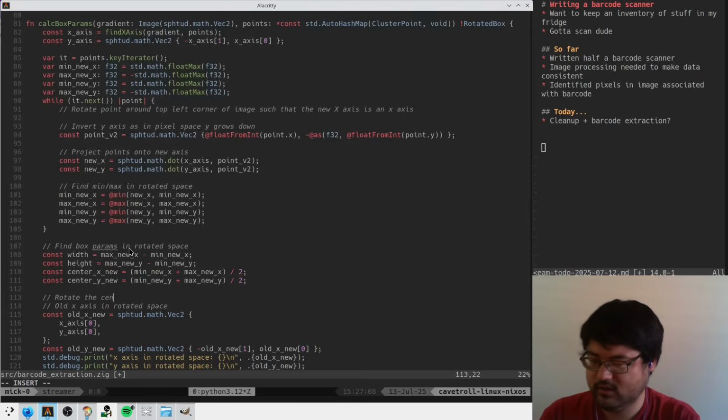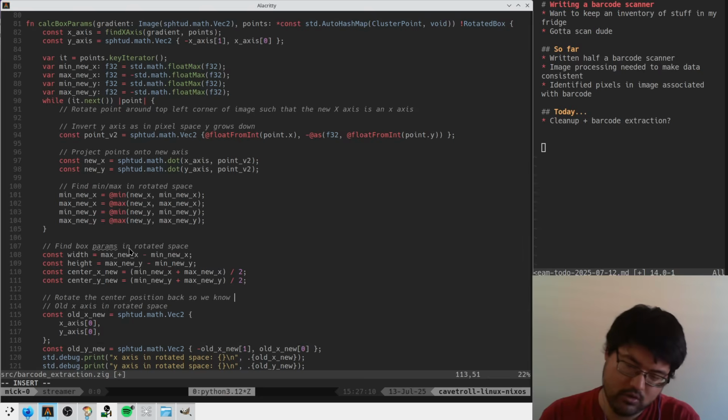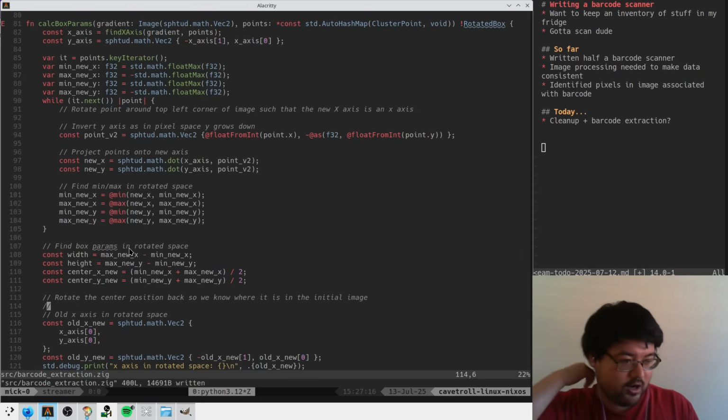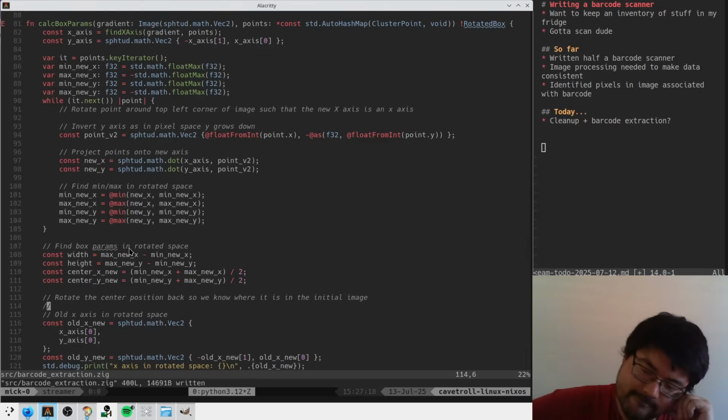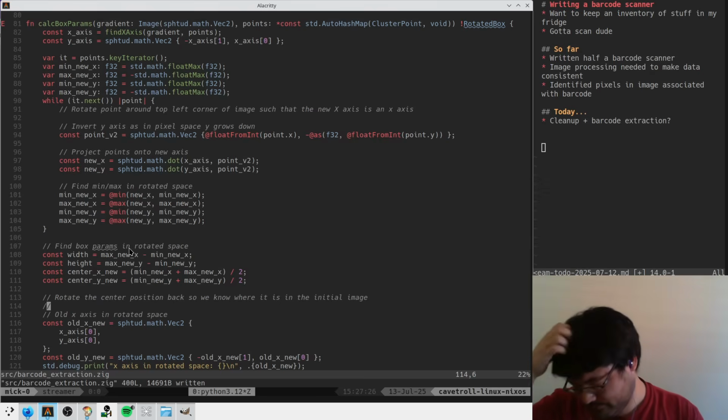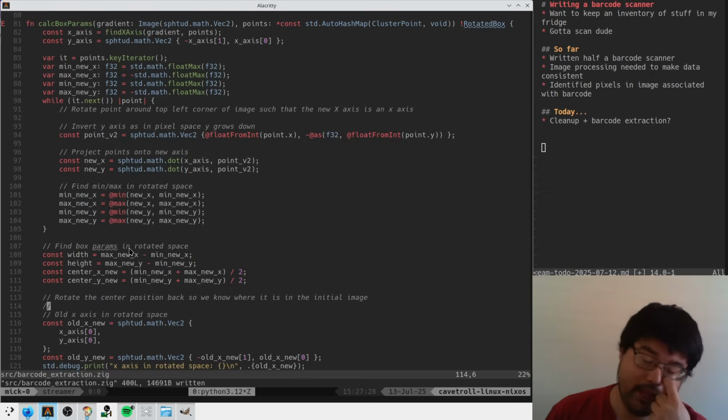Rotate the center position back so we know where it is in the initial image. Do we actually care about that? Maybe we actually just care about, do we more care about the top left, like the four corners? Maybe that is more reasonable.